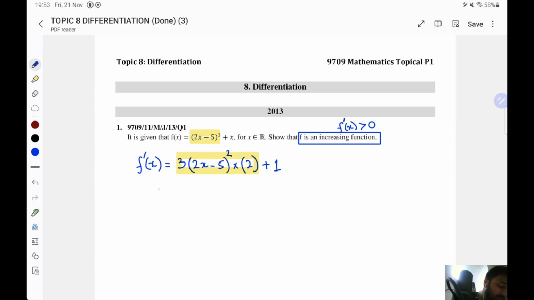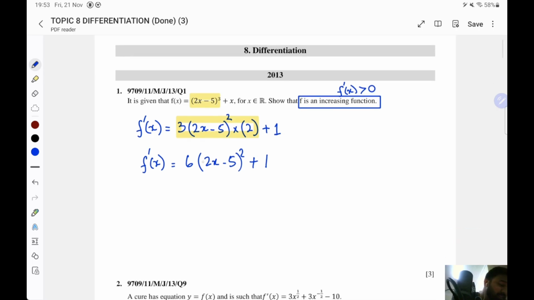Further, simplification: f dash of x is 2 times 3, which is 6, bracket 2x minus 5 squared, plus 1. So how do we know that this is an increasing function? We can see that this portion of the differentiation is a squared portion.